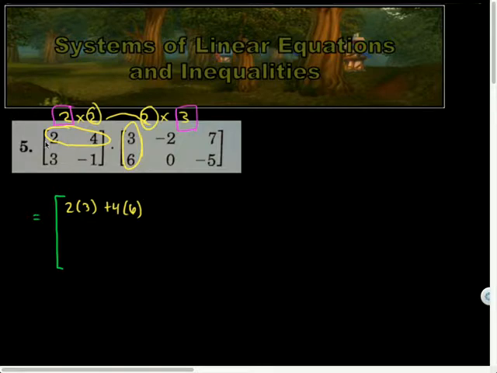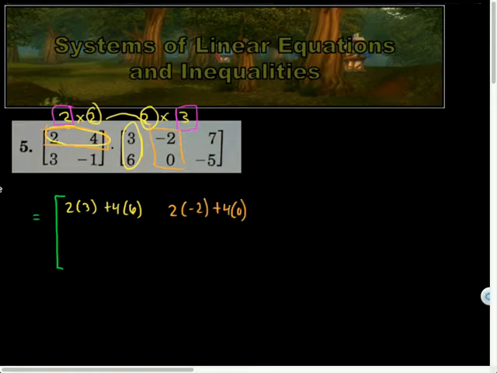For the next one, this is the first row, second column. It doesn't matter to me if you do this one or this one next, but they will have different work. So I'm multiplying the first row by the second column. That's 2 times negative 2 plus 4 times 0.